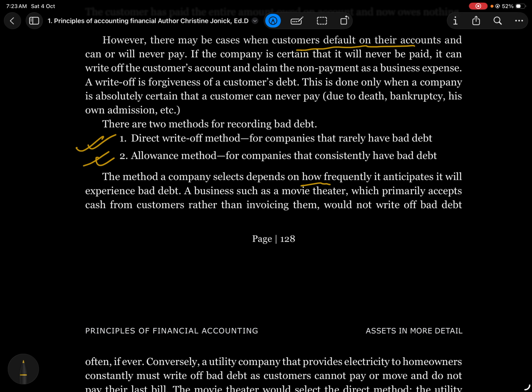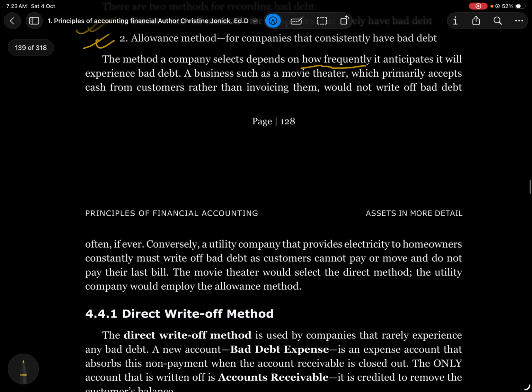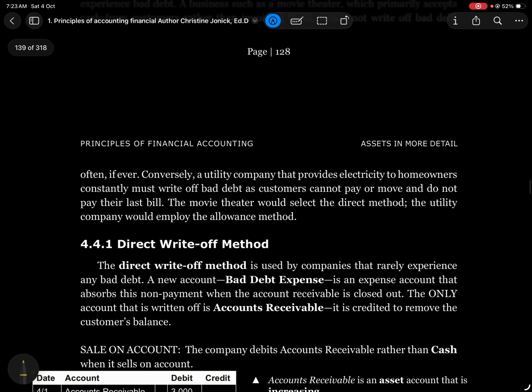A method is basically how frequently the company anticipates it will experience bad debt. So it just depends on the company. On a cash business such as movie theaters, petrol pumps, and all, it's not there.